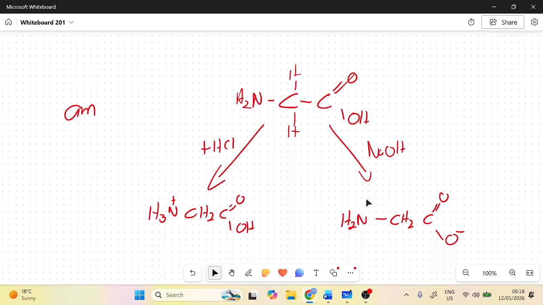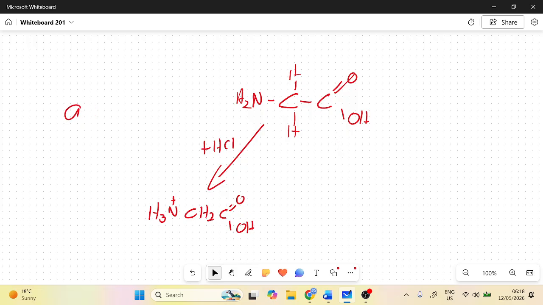But with glycine, if you actually have transition metals, you can end up forming a ligand. Okay, but for the first reaction that you have here, AN is the same as this one, AN1.